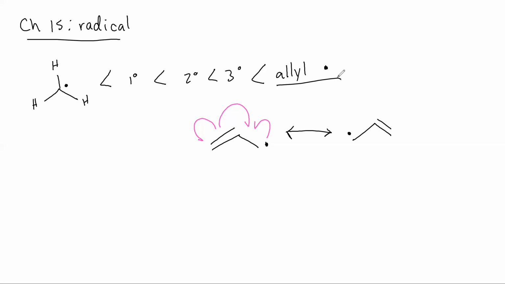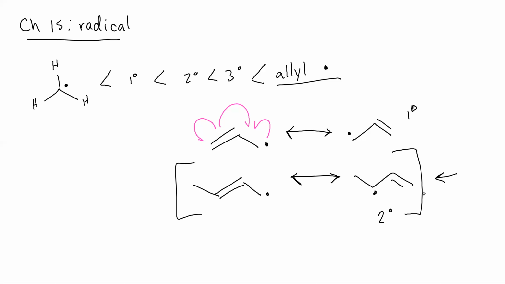Another thing to note about the allyl radical is that if we have a secondary allyl radical versus a primary allyl radical, so this second example here I'm drawing, I'm going to leave out the arrows here, we can see that this is a secondary compared to a primary radical here. So overall, this one would be considered more stable. Okay, and so that's just a quick example of the stabilities for these different carbon radicals.